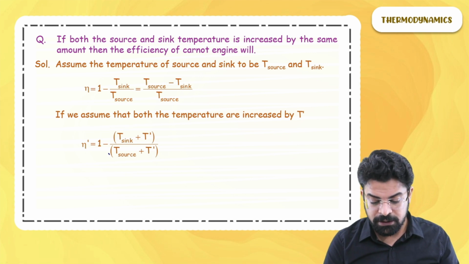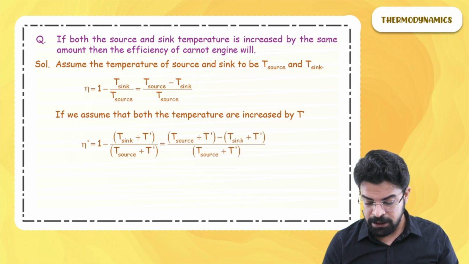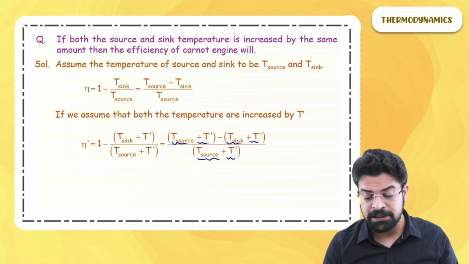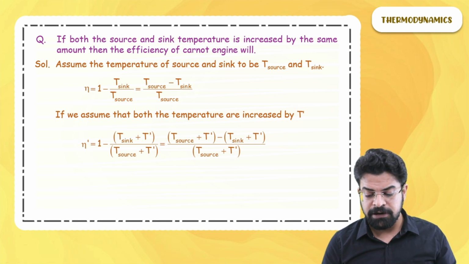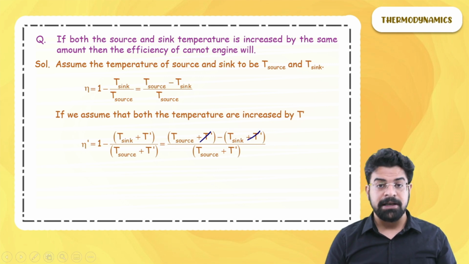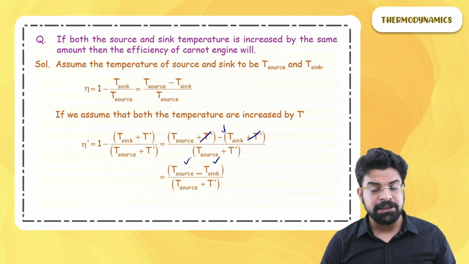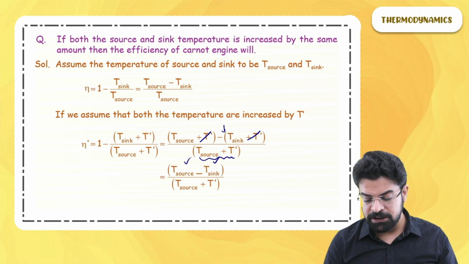Now you can make the denominator common as T source plus T dash. You will get efficiency equals T source plus T dash minus T sink plus T dash, upon T source plus T dash. In the numerator, when you open up the bracket, this plus T dash and minus T dash get cancelled. So the numerator becomes T source minus T sink and the denominator is T source plus T dash.